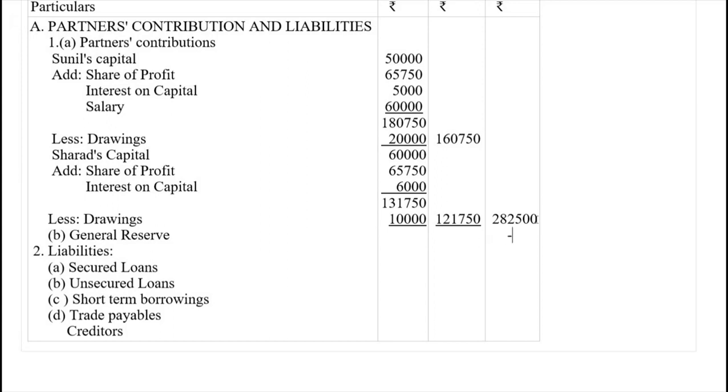So in case of the general reserve, we don't have anything. Then secured loans, of course, we don't have anything. Then unsecured loans, we don't have anything. Then short-term borrowing, nothing we have got. Then trade creditors, which is there in the problem as it is 60,000. Then the next one, E, we have got other liabilities.